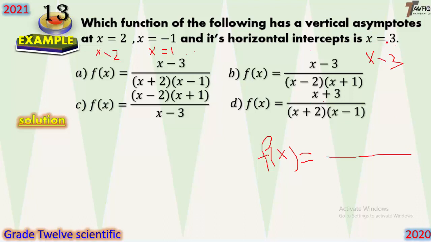because x equal to 3 is a horizontal intercept, write x minus 3 in the numerator. And because x equal to 2 and x equal to minus 1 are vertical asymptotes, write them in the denominator like this, x minus 2, x plus 1.